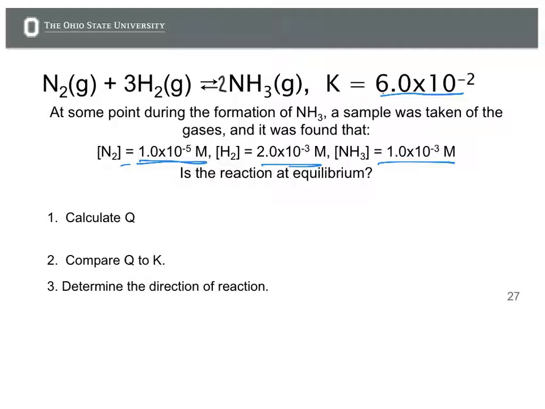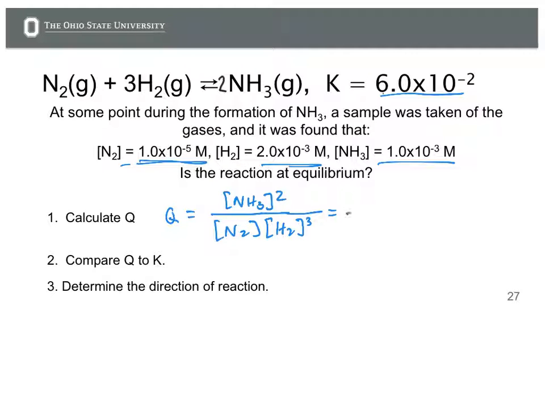First thing we need to do is calculate Q. So Q is going to be equal to the concentration of NH3 squared divided by the concentration of N2 times the concentration of H2 cubed.